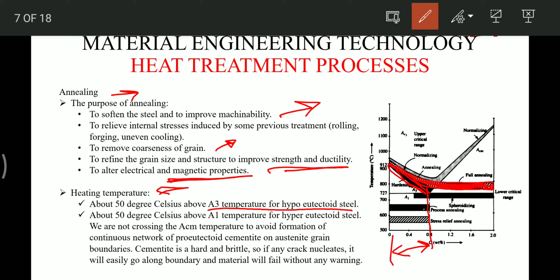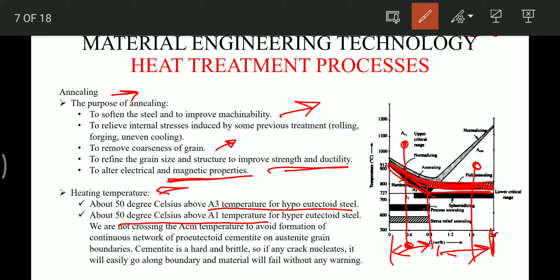We have to heat above this line. If the steel specimen is hypoeutectoid, we heat till it reaches here. And for hypereutectoid steel, we have to heat to about 50 degrees above the A1 temperature, that is this temperature. We heat so that it lies in between here.